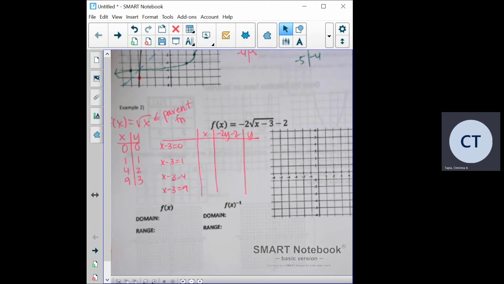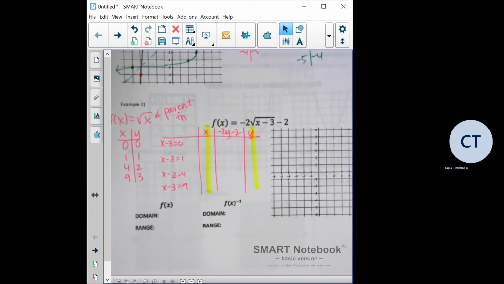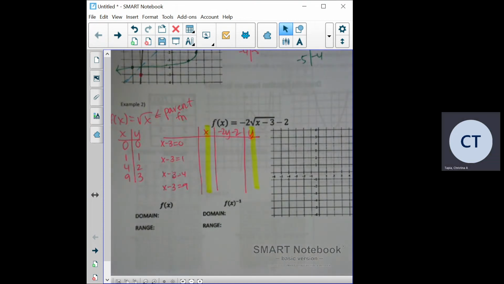So right now, you guys compute it. You don't need me. Find the new x's and the new y's. Once you have those points found, graph these out. So take each of those points and plot them.